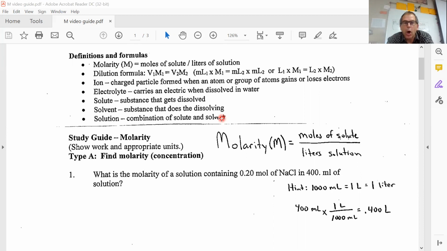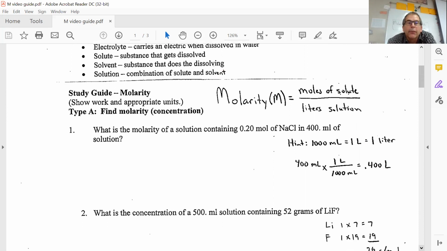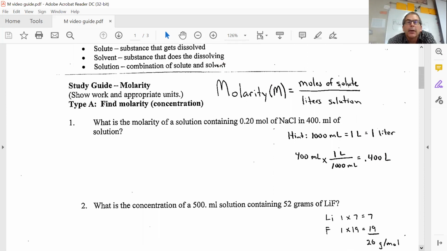So we have something called molarity. I'm just going to scroll here because we can calculate different molarities here. I'm just going to slide this up a little bit. Molarity's symbol is big M, and it's moles of solute over liters of solution.